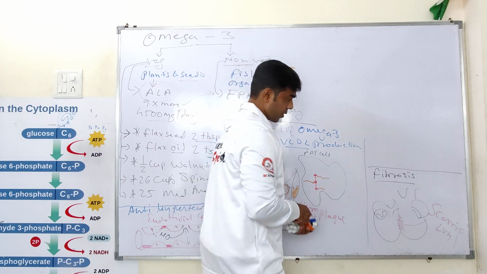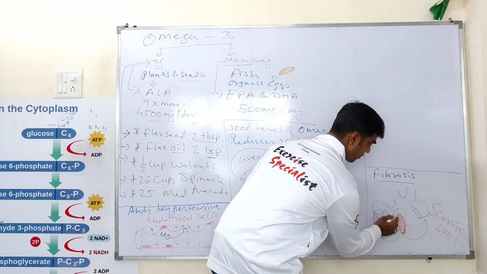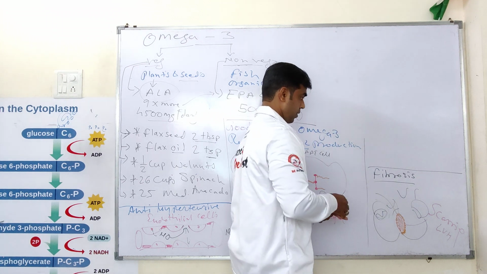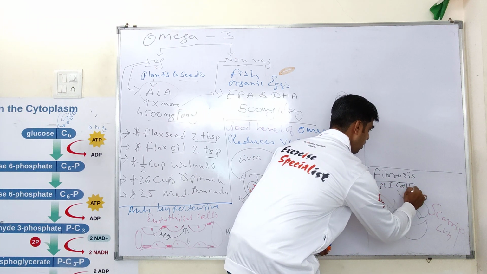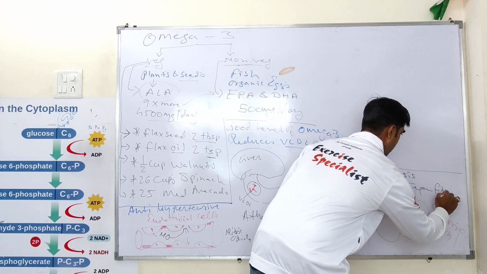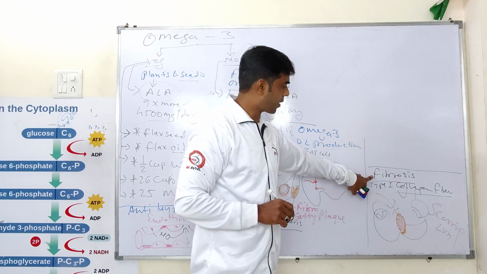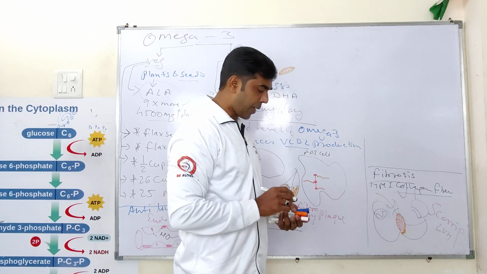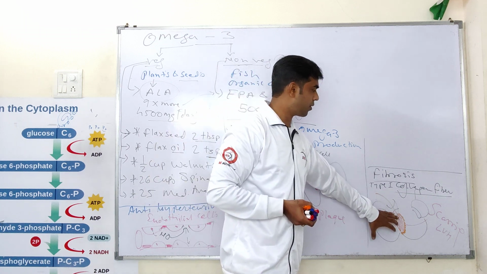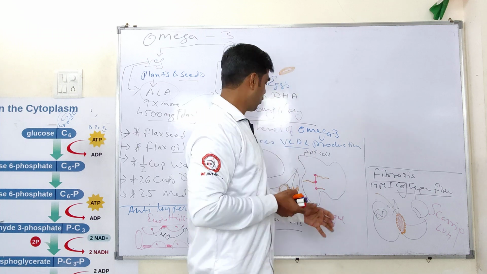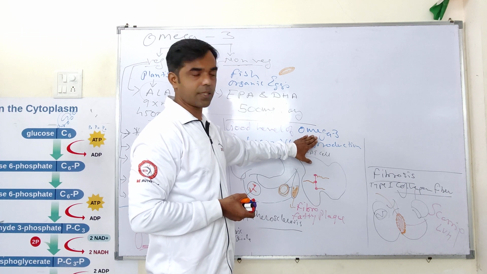What will happen? Sorry, this scarring will accumulate type 1 collagen fiber, right? And this is going to build up fibrosis. But if a patient has good levels of omega-3, then this fibrosis is reduced, right? So you get good heart health with these good omega-3 levels in your system, right?